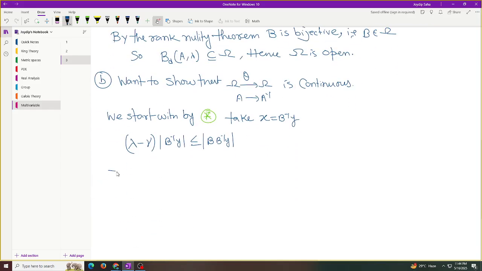So this implies lambda minus gamma times norm B inverse y is lesser equals to mod y.